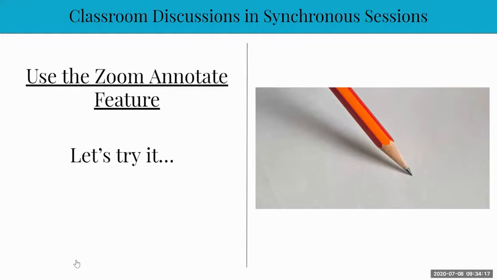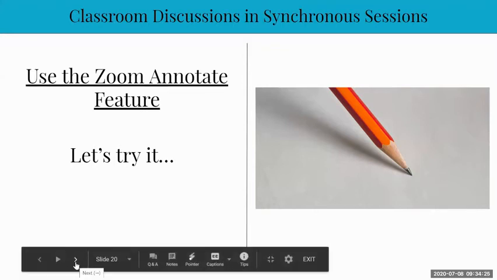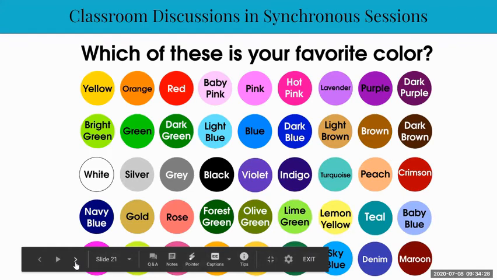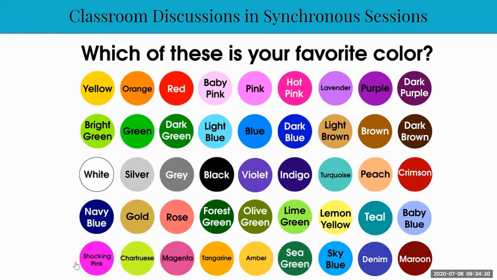In that list of view options, hopefully you have Annotate. If you select that, I'm going to move the screen, and I would like you just to put a little tick mark on your favorite color. But before you do that, you have to select Annotate from the top under View Options.